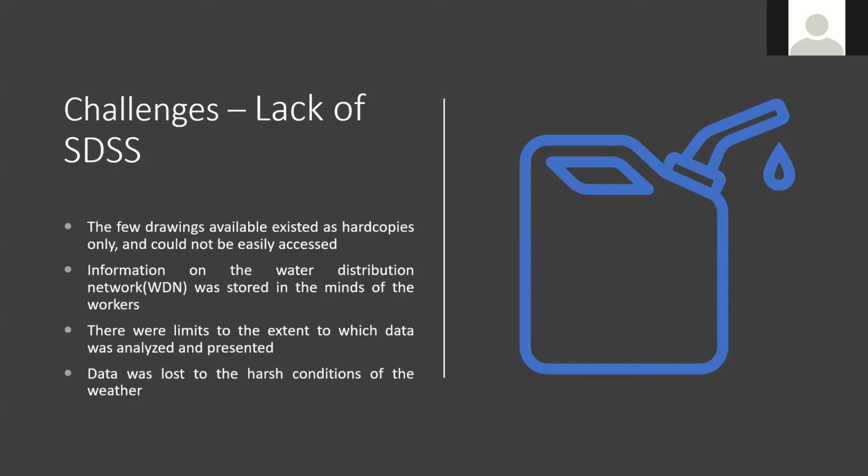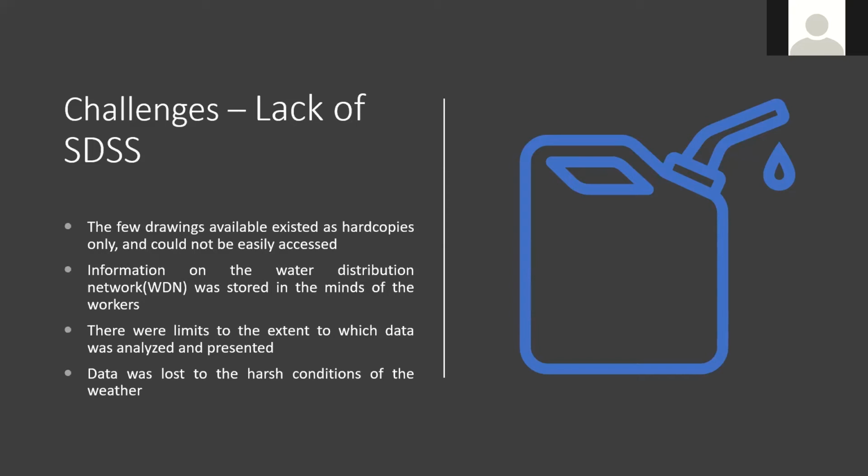Information on the distribution network was also a challenge at the time, because you had knowledge of the network residing in individuals. You could find one person who was very knowledgeable in the network, and the problem with such a thing is that when one person exits the company, he moves along with this information.